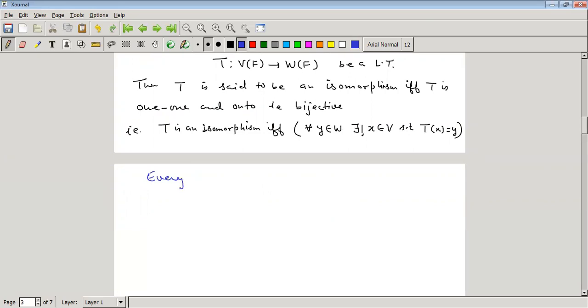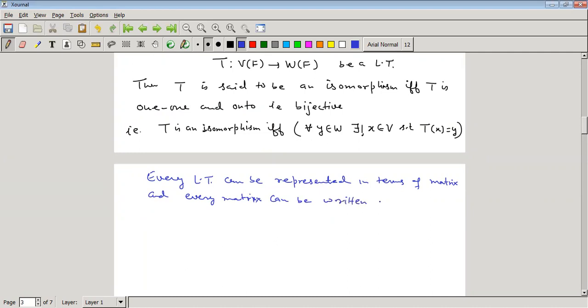Every linear transformation can be represented in terms of a matrix, and every matrix can be expressed in terms of a linear transformation.